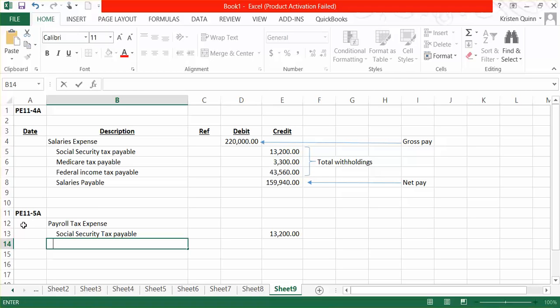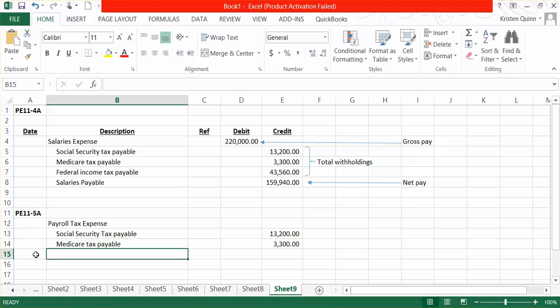In the problem, they tell us that only $35,000 of the gross earnings are subject to both federal and state unemployment taxes. So for the federal unemployment tax, we would take the $35,000 that is subject to that tax and multiply it by the rate.